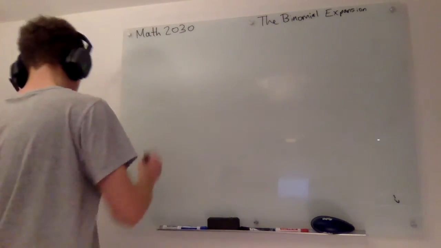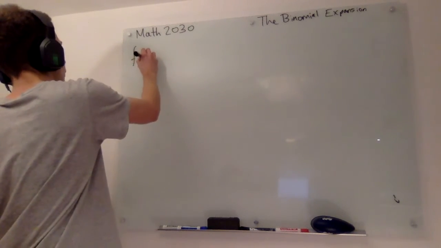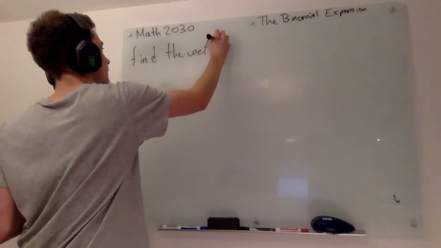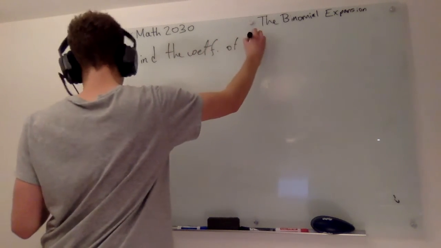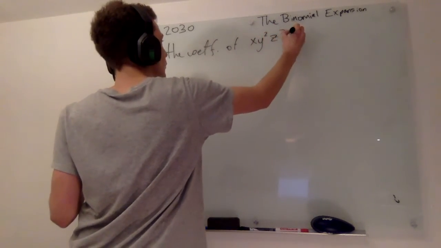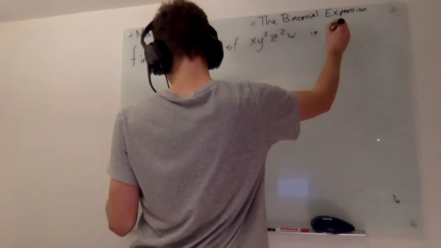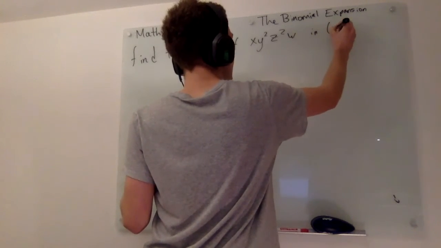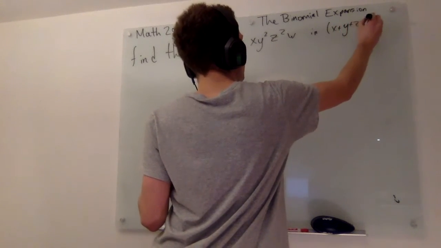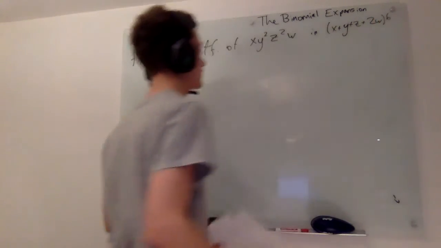Okay, so let's say we want to find the coefficient of x, y squared, z squared, w in x plus y plus z plus 2w to the sixth.